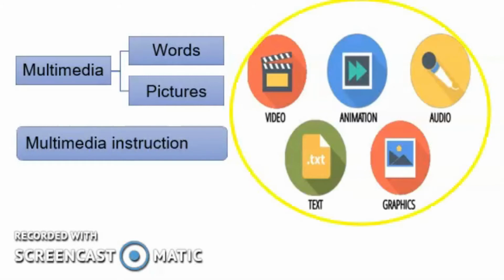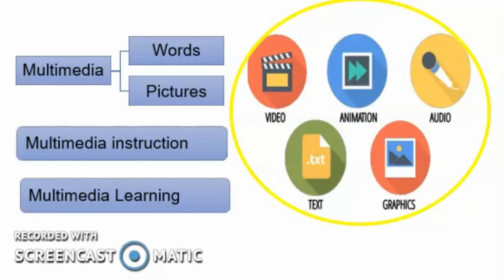And multimedia instruction is using all these mediums to foster learning in the mind of your student. And multimedia learning is basically the process by which your student uses all these mediums to make mental models, to make and consolidate learning.